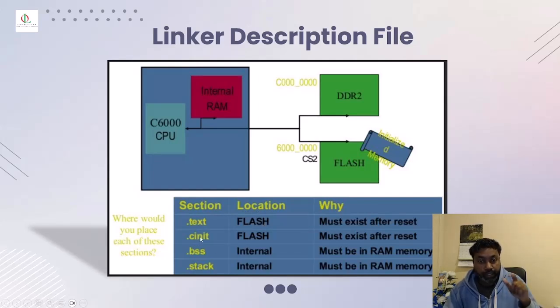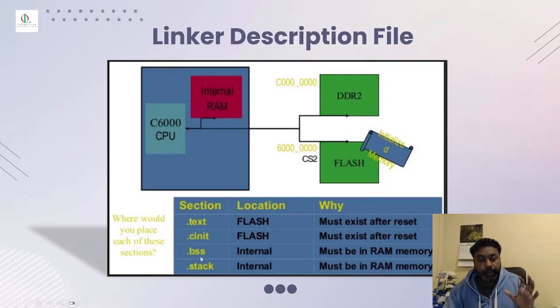The .cinit, the global variables, will stay in the flash location. So these two must stay outside, so they must exist after every reset. Whenever you do a reset, these two will be ready to go, boot up and run.